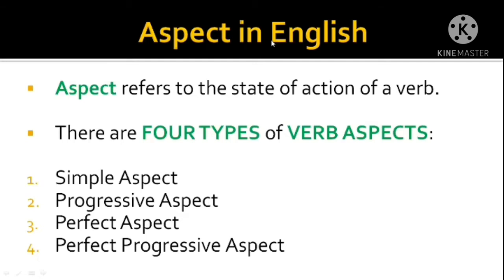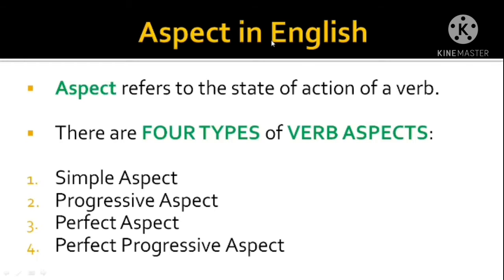When I say progressive aspect, it means I'm talking about present continuous tense, past continuous tense, future continuous tense. Then you have perfective aspect. It means it is like the present perfect tense, past perfect tense, and future perfect tense.